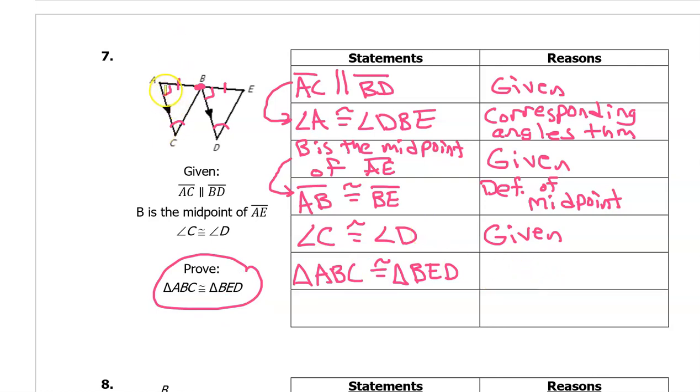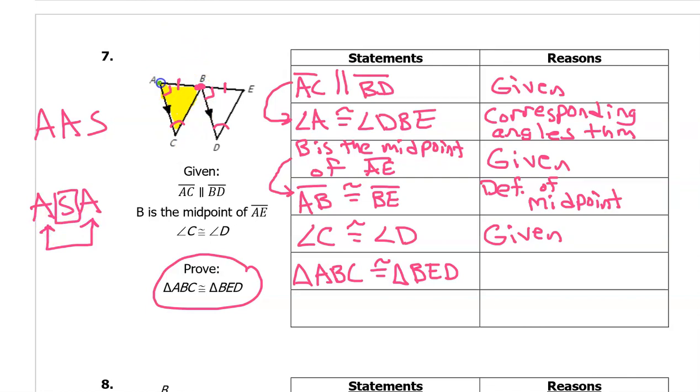Looking at one triangle at a time, look at this yellow triangle. I see that we have two angles and a side. So this is either angle, angle, side, or it will be angle, side, angle. It will only be angle, side, angle if the side is between the two angles.